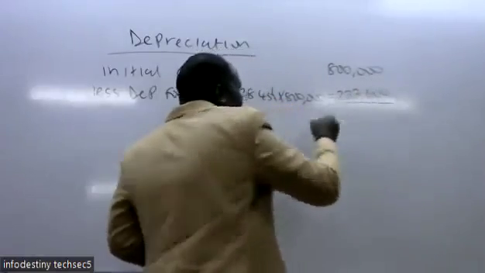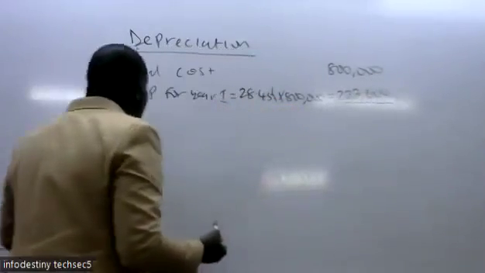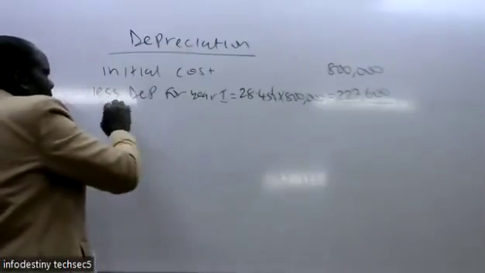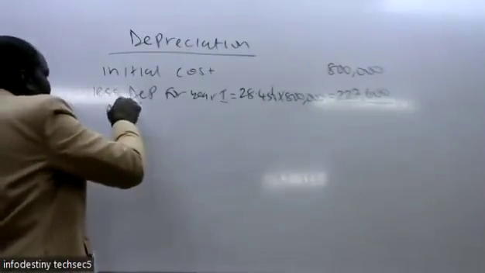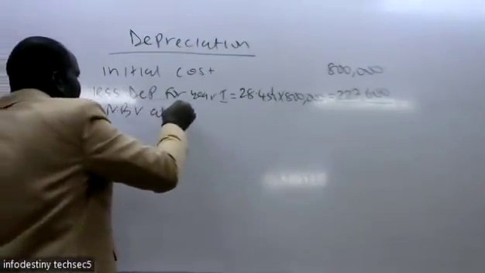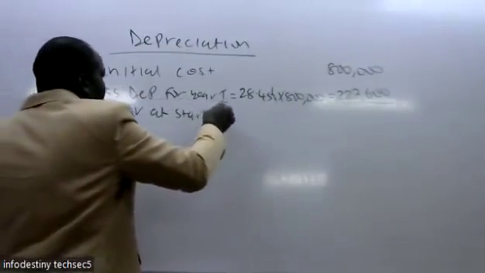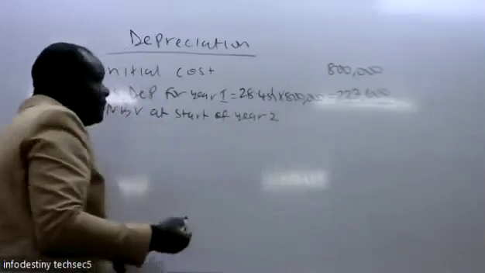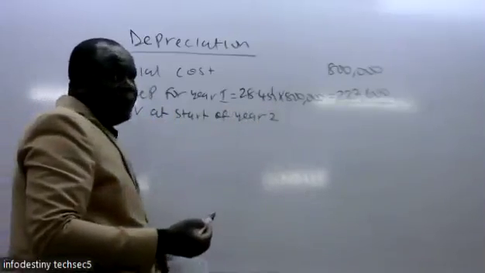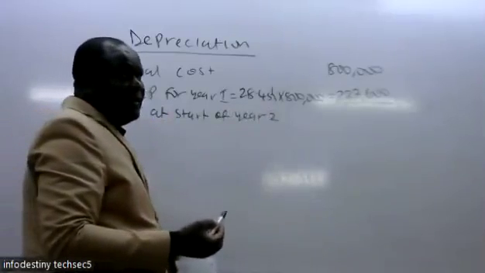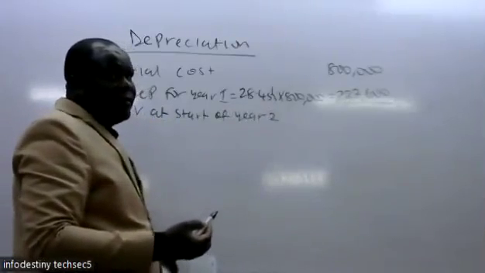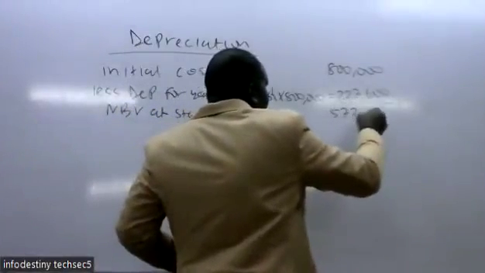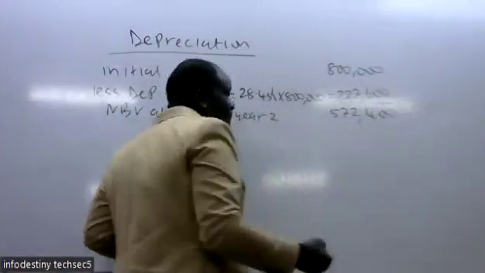So subtract so that we get the net book value at the start of year 2. We get 572,400.